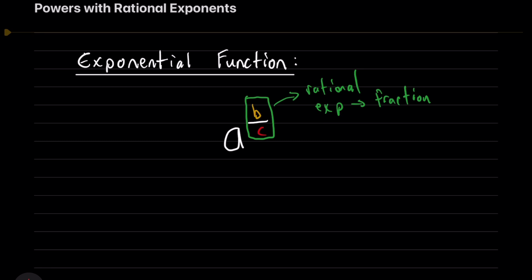Now, each part of this fraction is going to have a specific place when we convert this to a radical form. The c is going to be the root in the radical form of the function, and the b is going to be the exponent that goes under the root on the radicand.